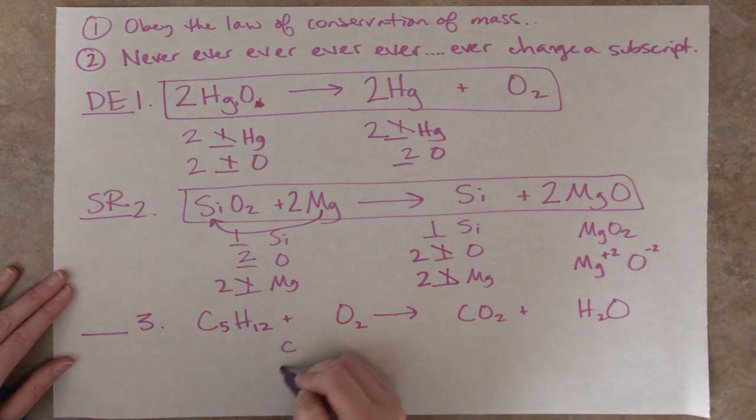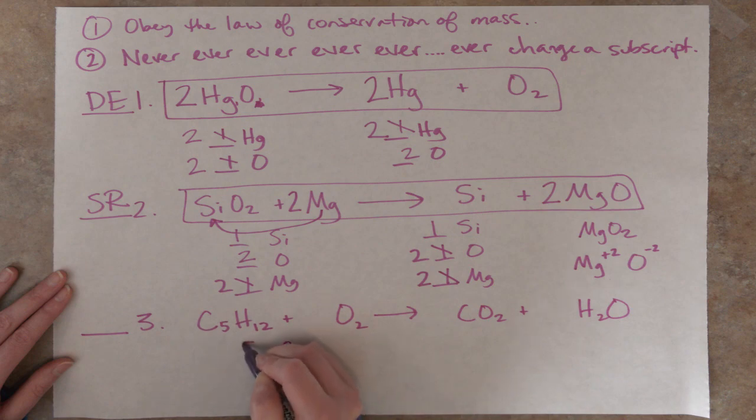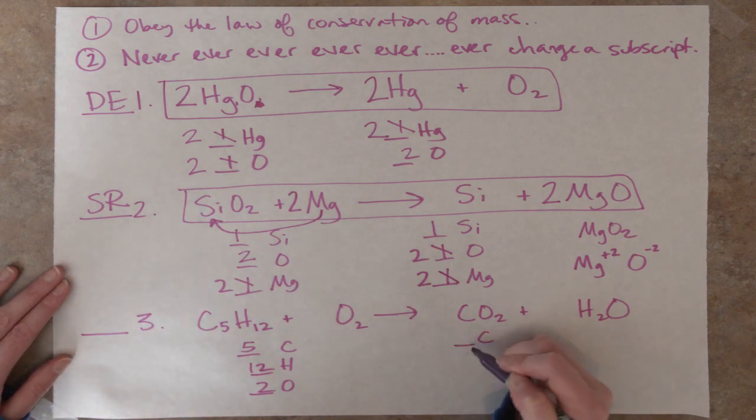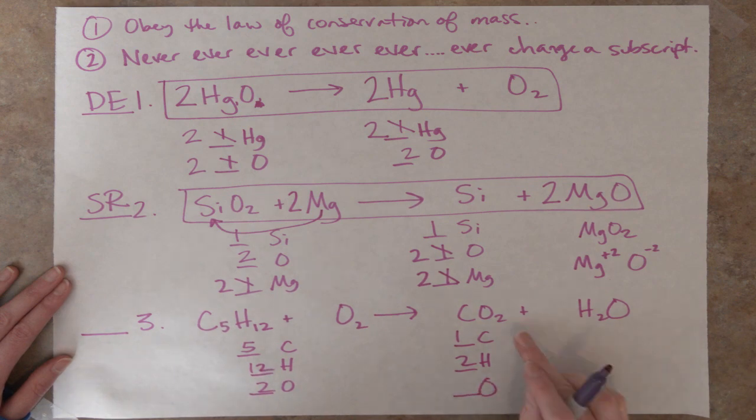So when we do the count on this side, I have 5 carbons, 12 hydrogens, 2 oxygens, and on the other side I have 1 carbon, I have 2 hydrogens, and I have 2 plus 1 is 3 oxygens.